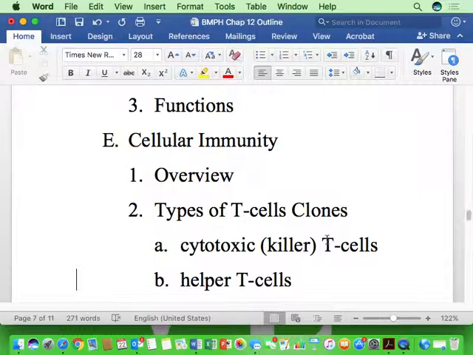So they do things like enhancing the cloning of B cells. They what? Sorry. Enhance the cloning of B cells so that we can get some more antibodies made.